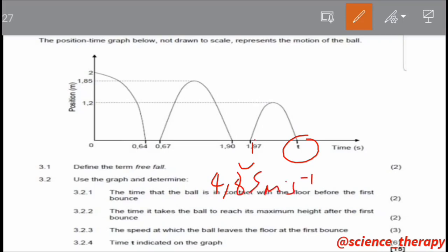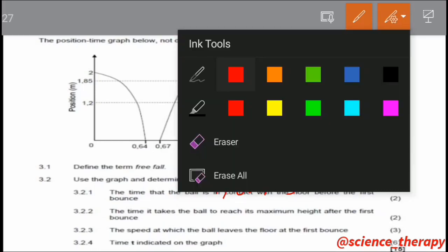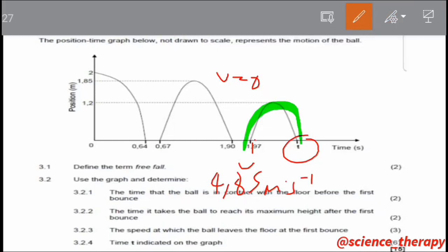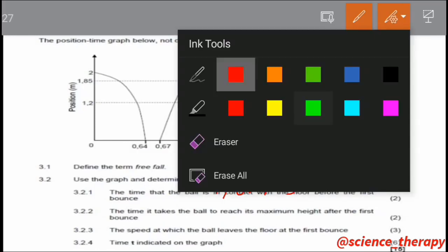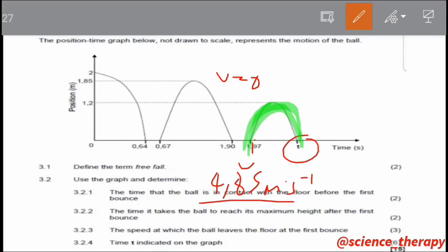Then it goes all the way up, reaches the maximum height, where our velocity is now 0. We have a parabolic graph here. So if this object leaves at the velocity of 4.85 meters per second and returns to the very same position here, the velocity there is also 4.85 meters per second, but this time it will be negative, since now it's going downward and we chose upward as positive.